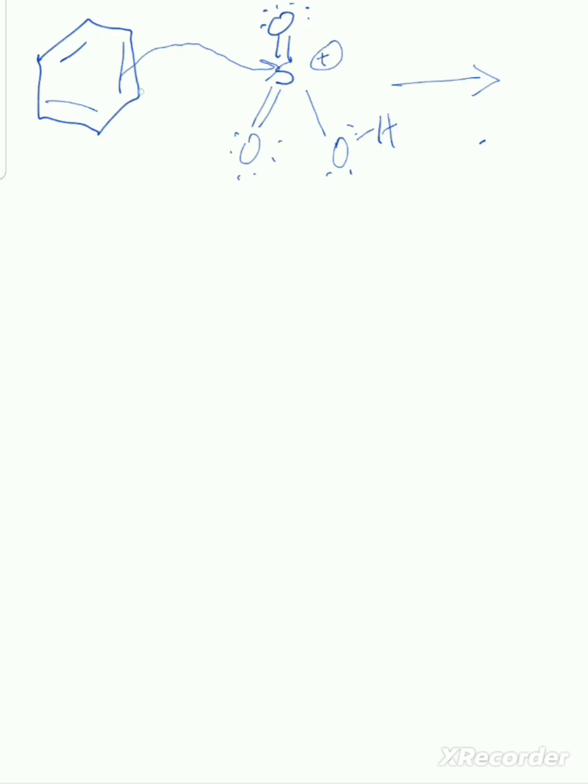So when a pi bond of a benzene ring attacks the electrophile, we are going to have the arenium ion, which is a non-aromatic carbocation. So this is what I'm going to write here, like this.